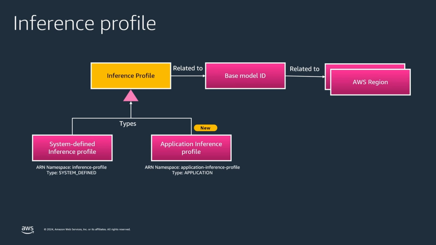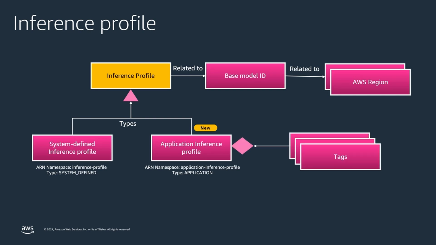And this application inference profile as a construct not only contains base model IDs and a region, it also has tags associated with it that allows you to track and manage the usage and spending, which system-defined inference profiles do not have the option of attaching tags to.